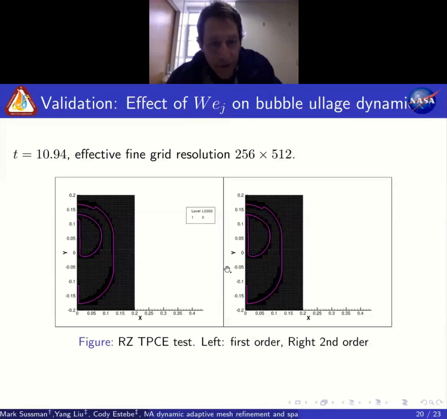Here I show a comparison on an axisymmetric simulation. We only simulate in the R and Z directions, and we assume axisymmetry. On the left-hand side, we have adaptive mesh refinement, perhaps it's difficult to see, and then we use a low order method in the liquid and the gas regions.